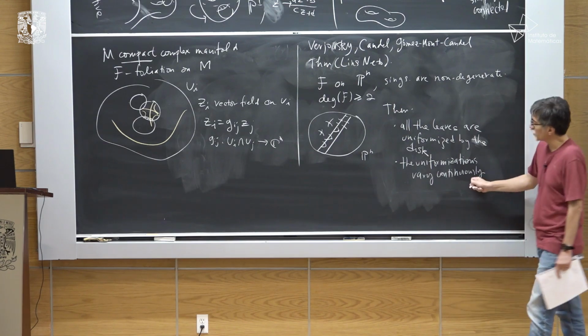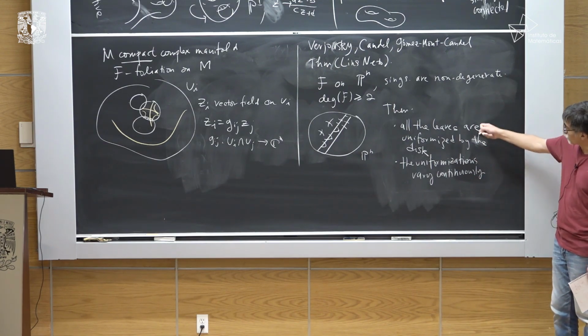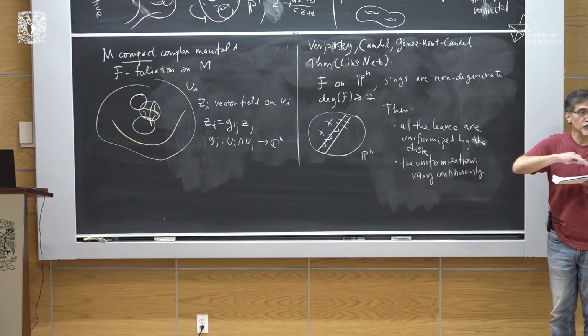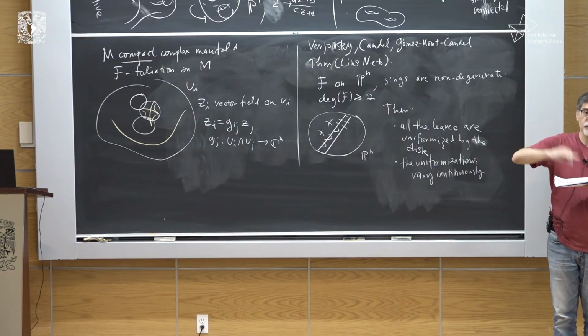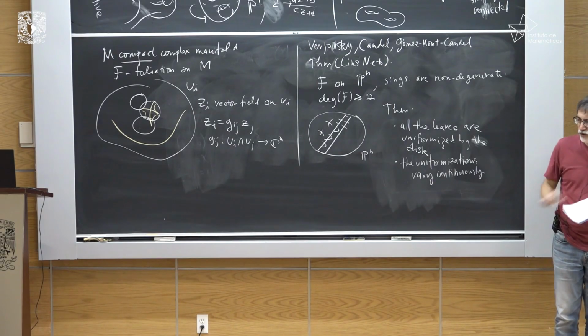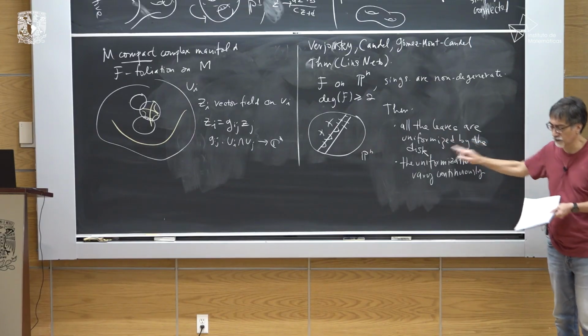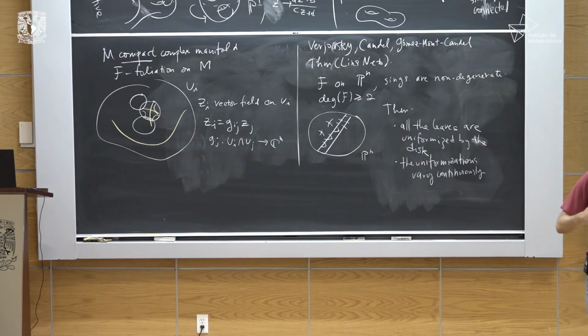One way to say this would be each uniformization gives you a metric along the leaves, and this metric varies continuously. Okay? Because you have to normalize something for this uniformization to be unique, but the metric is independent of these choices.